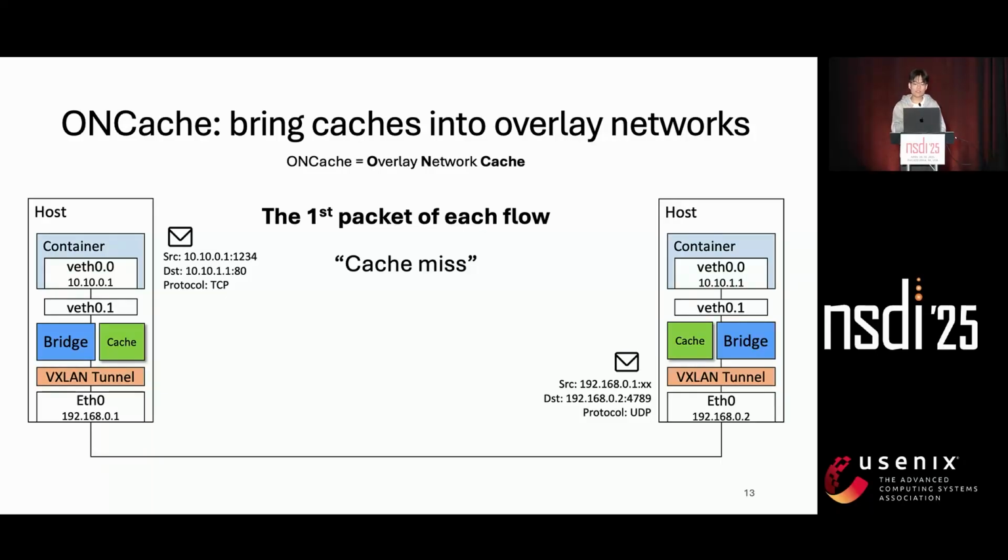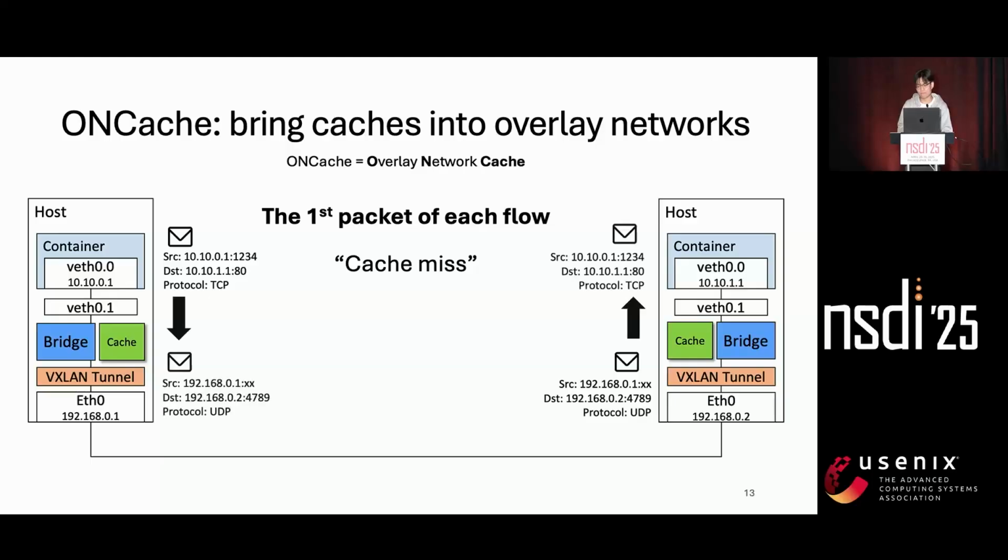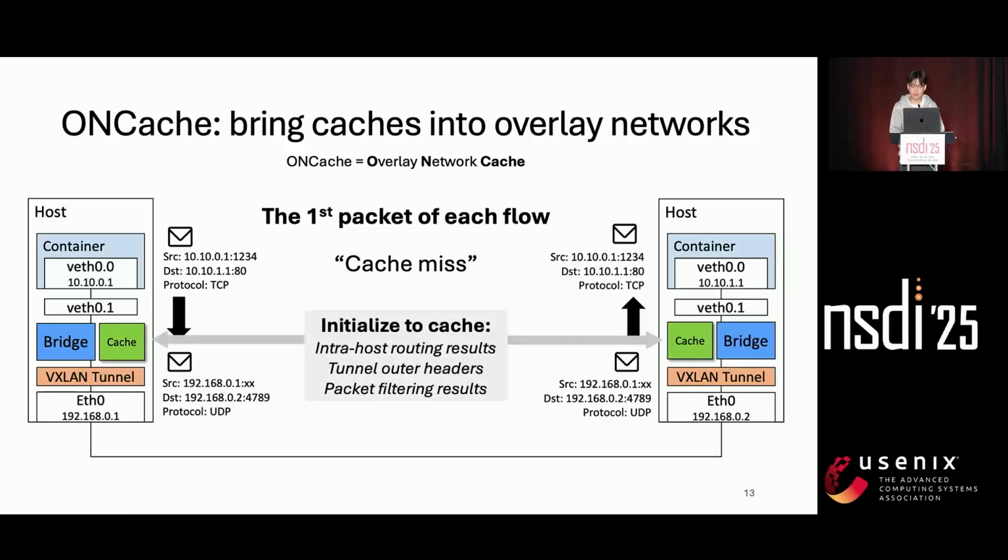When the first packet of a flow is sent, a cache miss occurs, and the packet traverses the original overlay network. After overlay network processing, leveraging the invariance property, we store the intra-host routing results, the tunnel outer headers, and the packet filtering results in the local cache.